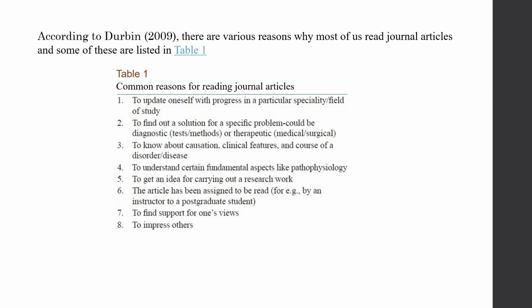Third, to know about causations, clinical features, and course of a disorder or disease. Then, to understand certain fundamental aspects like pathophysiology. The next reason is to get an idea for carrying out research work. Next, the article has been assigned to be read, and to find support for one's views.